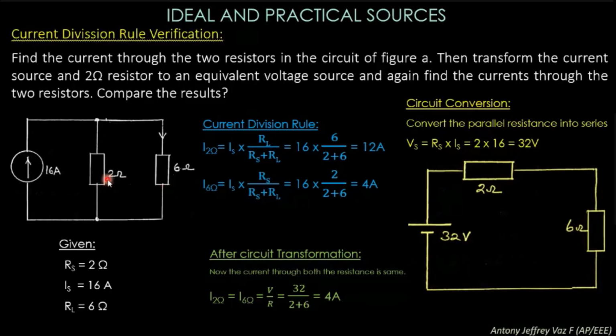Let us find the current flowing through the 2 ohm resistance. I 2 ohms, that is the current through the 2 ohm resistance, will be equal to the source current IS into RL divided by RS plus RL.